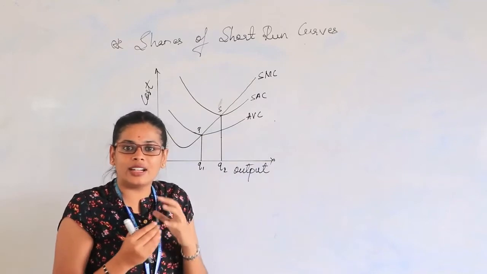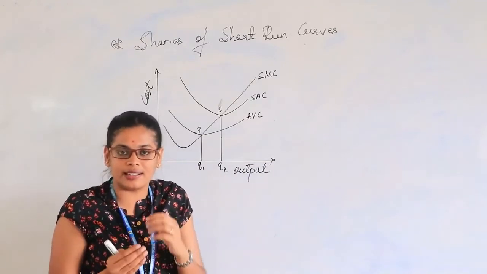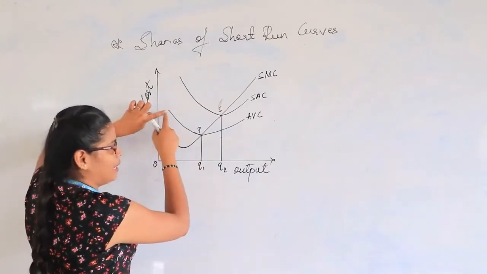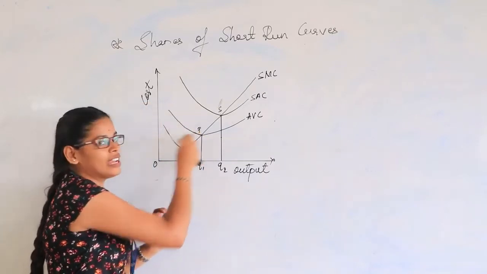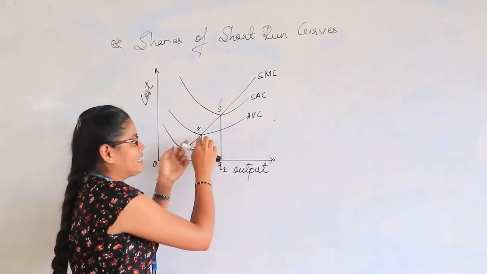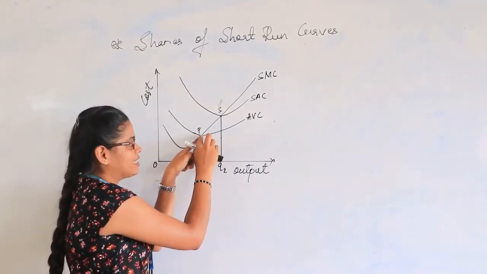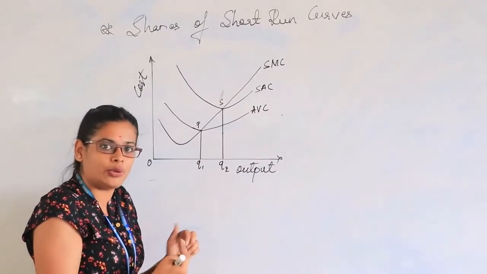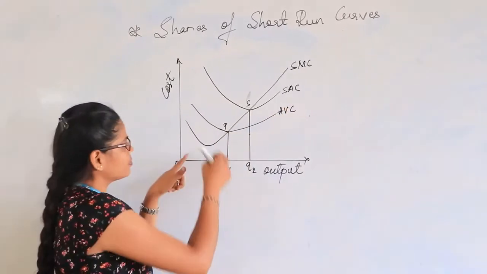Variable cost is that cost wherein when you produce one more unit, it is going to charge you. So there will be lesser AVC when you go on increasing the quantity, and later, at a certain point, this is the minimum point at which it starts increasing. As you go on adding one more unit, you will get a greater AVC.